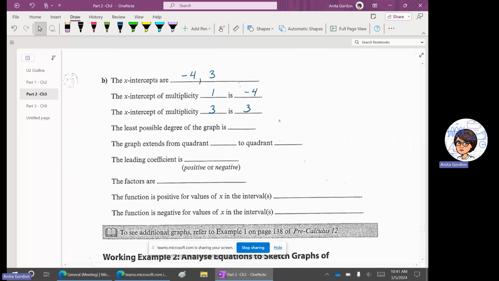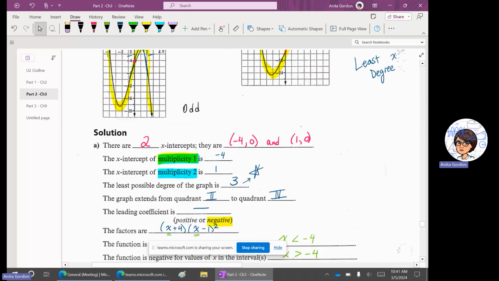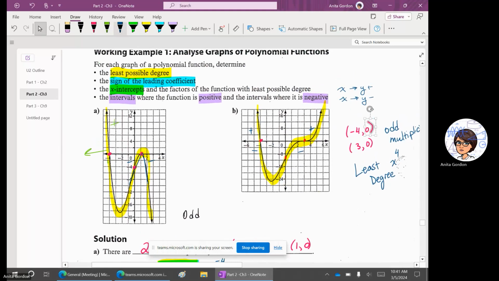And I'm going to show you why I know that that's a 3. At the -4 x-intercept, we are cutting across and changing signs. At the +3 x-intercept, we are also changing signs, which tells me it's an odd function. However, can you notice the shape? This kind of S squiggle shape there.